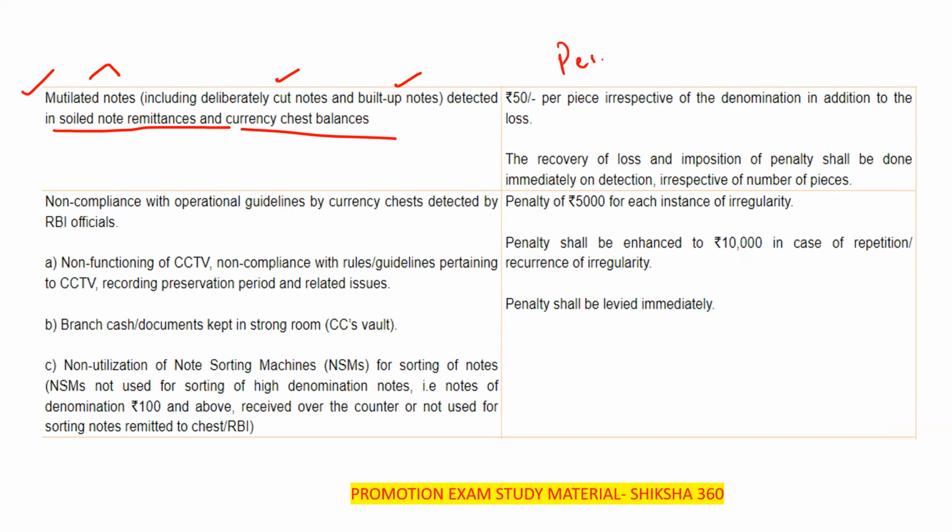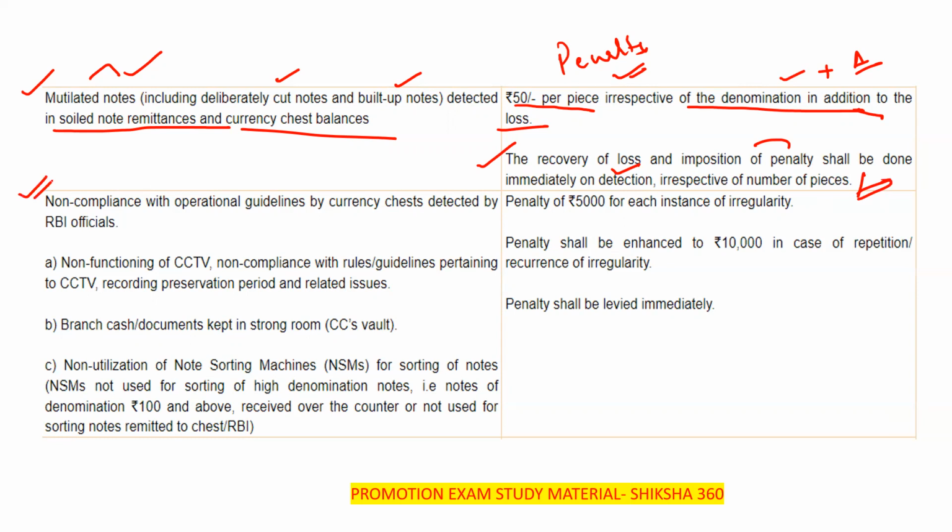In that case, they have to pay 50 rupees per piece, irrespective of the denomination, in addition to the loss. And the recovery of loss and imposition of penalties shall be done immediately on detection, irrespective of the number of pieces.